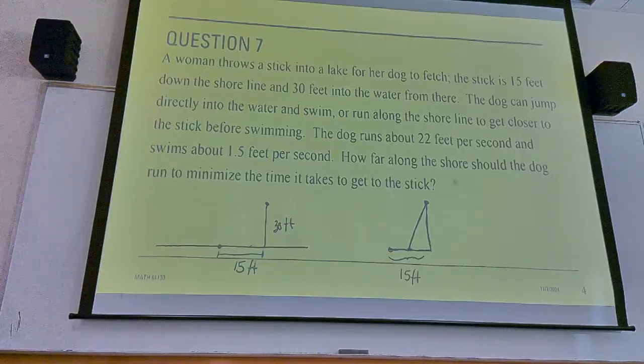That whole distance is 15 feet. Let's call this tiny distance up there, which is the distance the dog's going to run along the shore, X. By the way, we know that that is 30 feet. Let's call that the distance the dog has to swim, S.